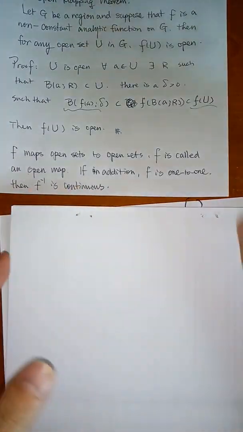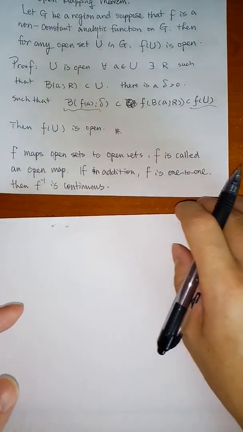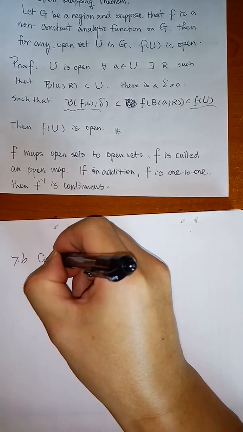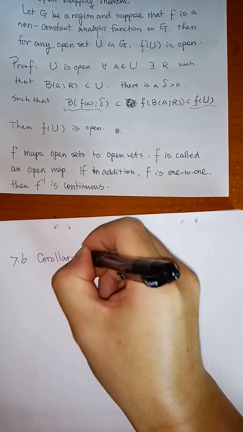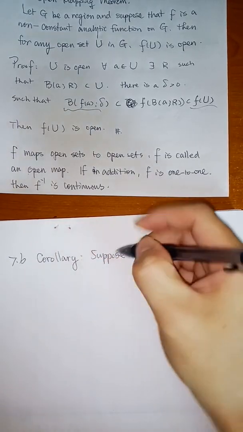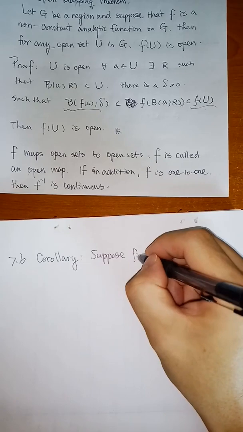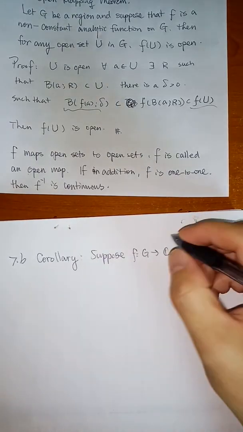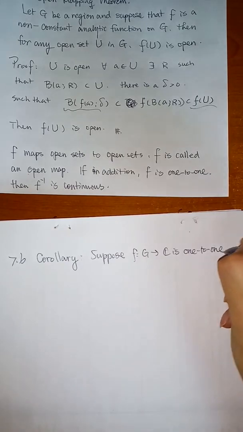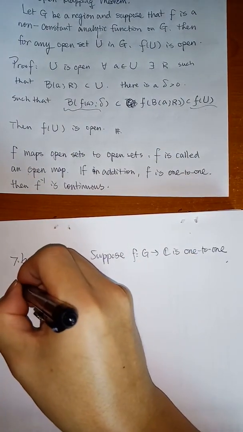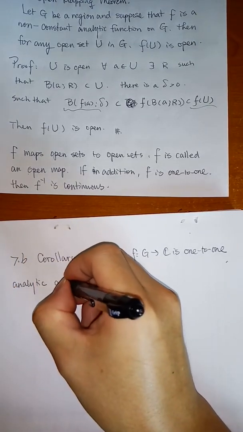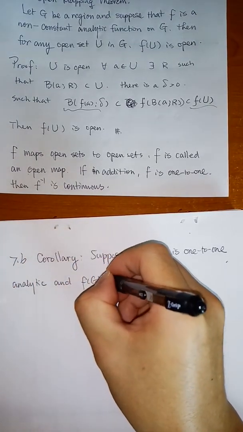And because of this, we can have the following simple corollary at the end of this section. Suppose F from G to C is 1-to-1 analytic, and F of G is omega.